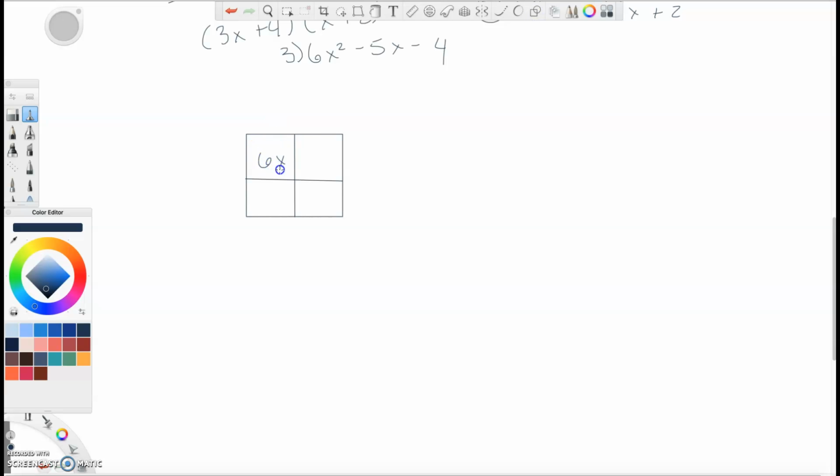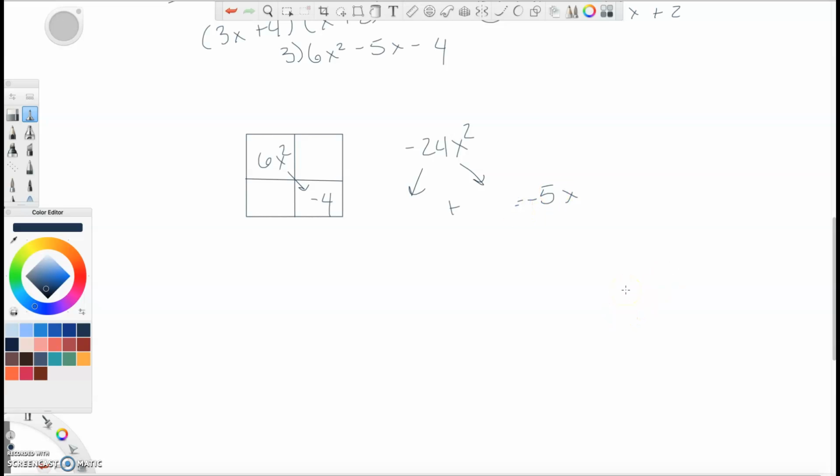And in the lower box down here, we're going to put our last term of negative 4. We multiply the first and last terms together. 6 times 4 is 24, and because we have a negative sign, that gives us negative 24x squared. And remember, we're looking for two numbers that multiply to negative 24 but add to negative 5x.